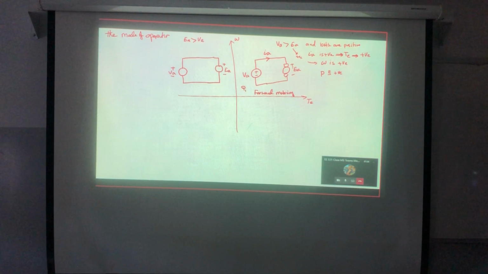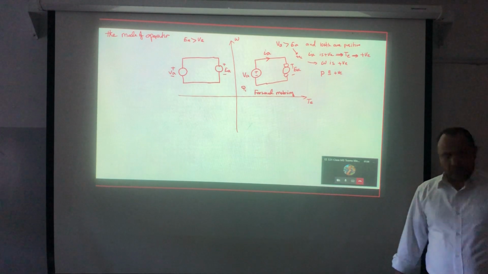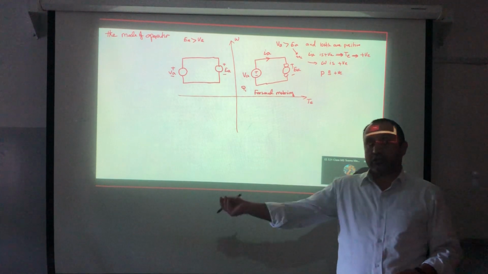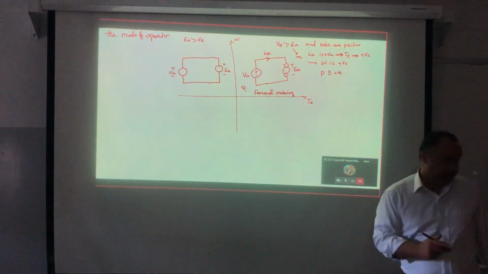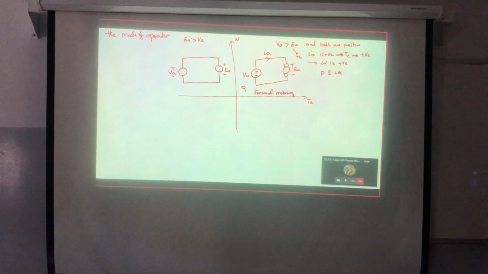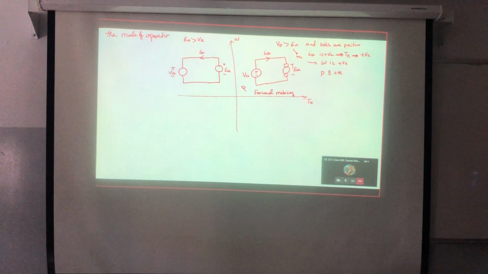So what will happen now? It's regenerative braking, which means that the current will flow from the machine to the supply. So this is the direction of the current. So simply here IA is negative, which means that the torque is negative.